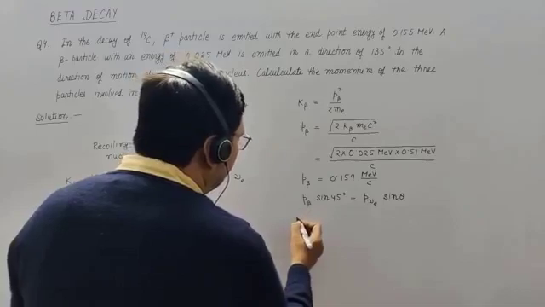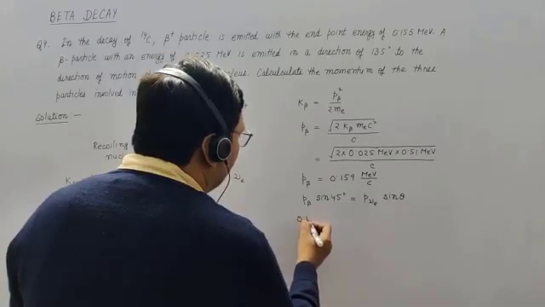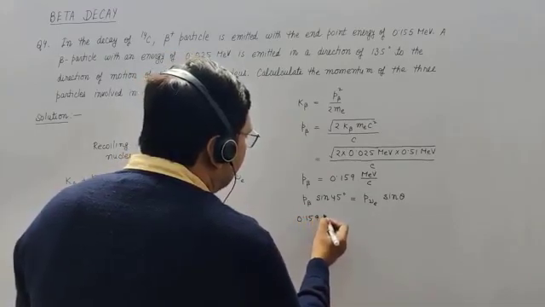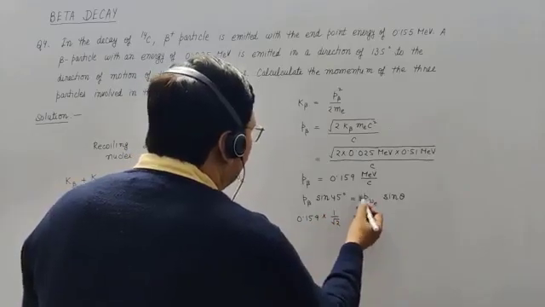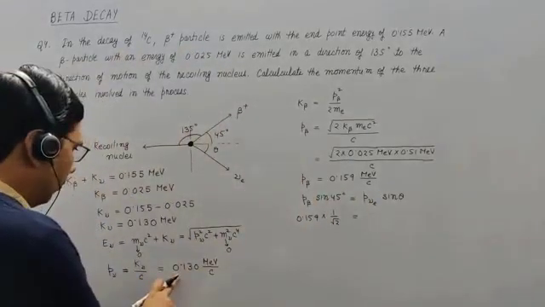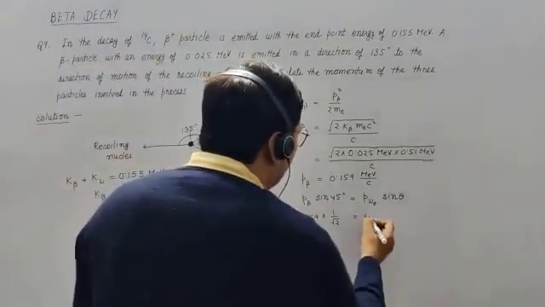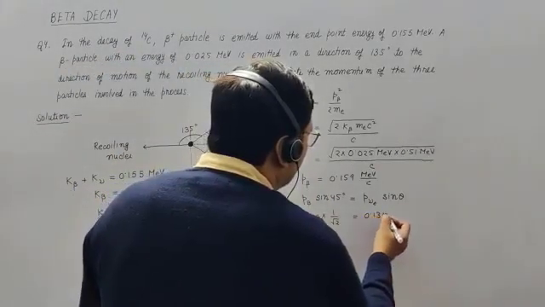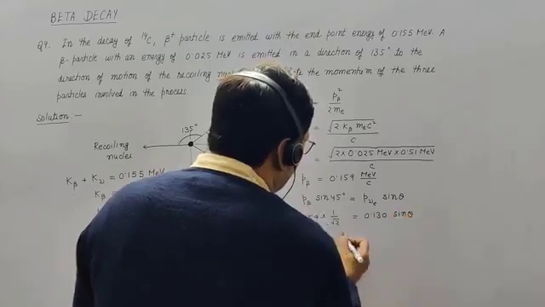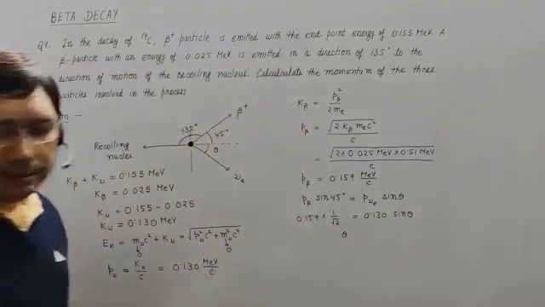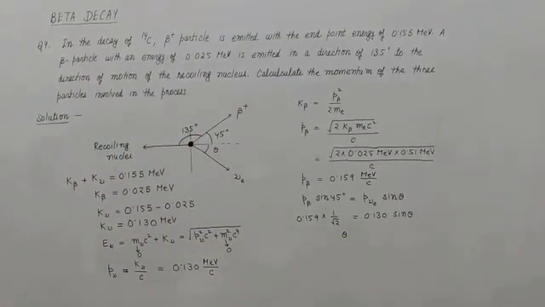Substitute these values: 0.159 times 1 by root 2 equals P nu E, which is 0.130, times sin theta. Now solve this equation and find the value of theta.